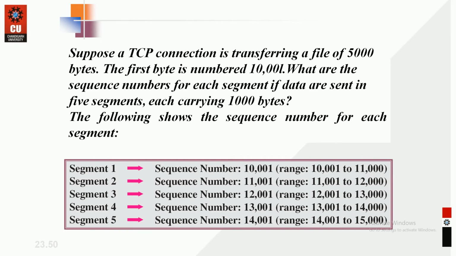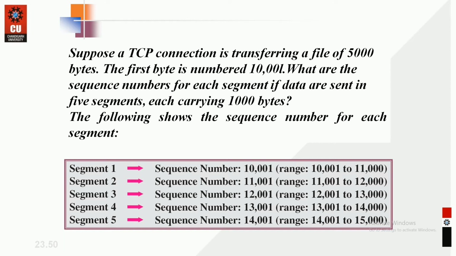For example, segment 1 has sequence number 10,001, covering the range 10,001 to 11,000, then 11,000 to 12,000, and in that way we can divide. Let's say we have a TCP connection transferring a file of 5,000 bytes. Now we can divide these 5,000 bytes into 5 segments. This is what we have discussed in the OSI model.